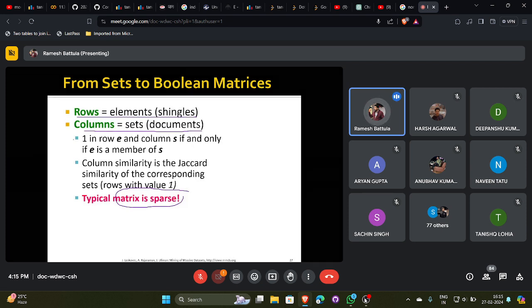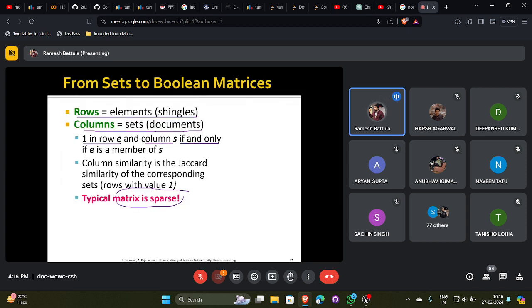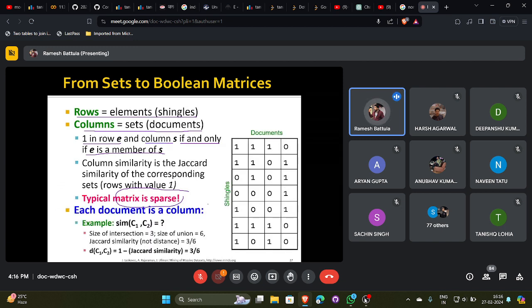Here, one in row E and column S means that E is a member of S. The column similarity is the Jaccard similarity of the corresponding sets. We will understand this with an example.